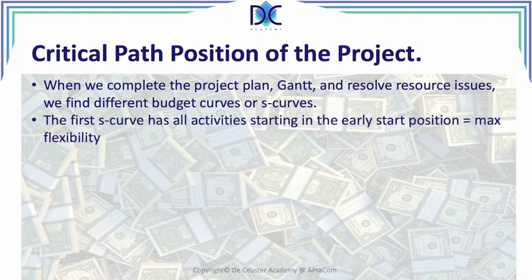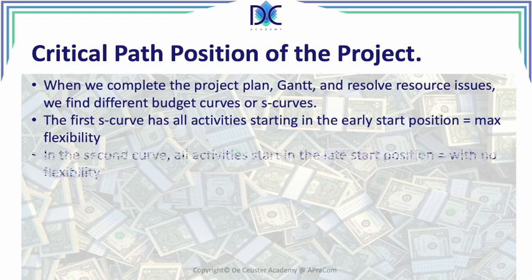Now, when we look at the first S-curve, here we have all the activities in what we call the early start position. All the activities start as quickly as possible. And in this case, we have a project which has the maximum flexibility. All activities have the maximum slack available.